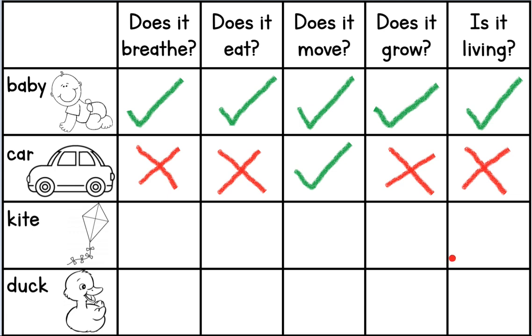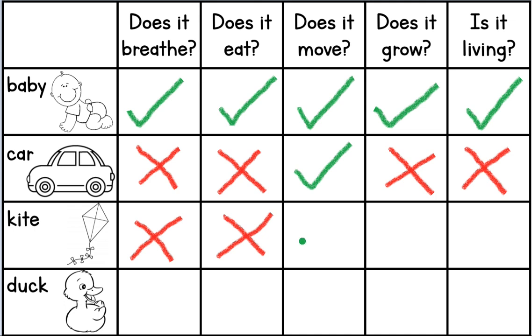All right, so moving on to our kite. Does a kite breathe? No, a kite does not breathe, so we're going to put an X. Does a kite eat? No, a kite doesn't eat, so we're going to put another X. All right, next one. Does a kite move?